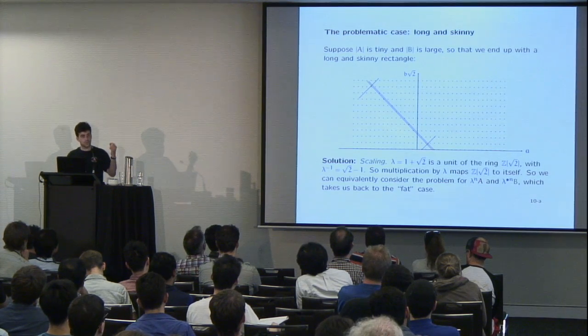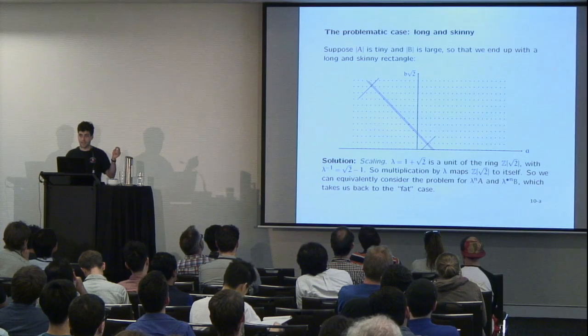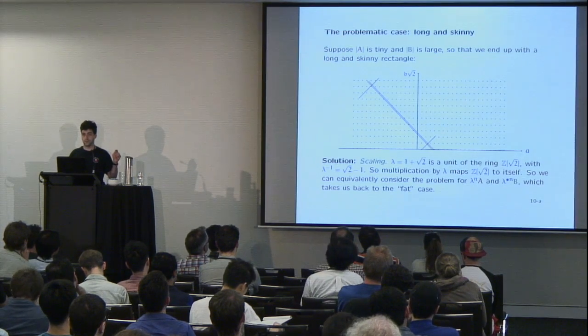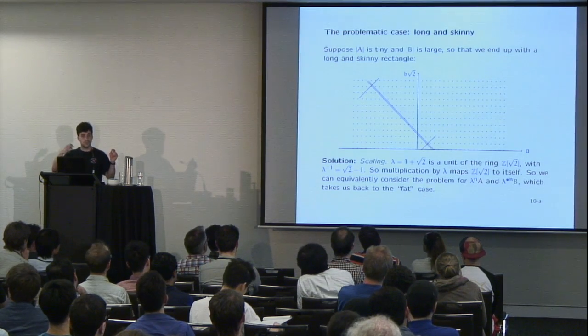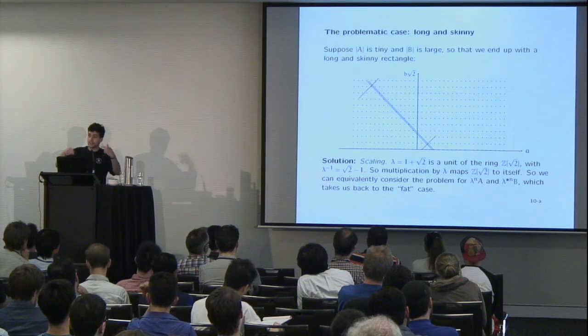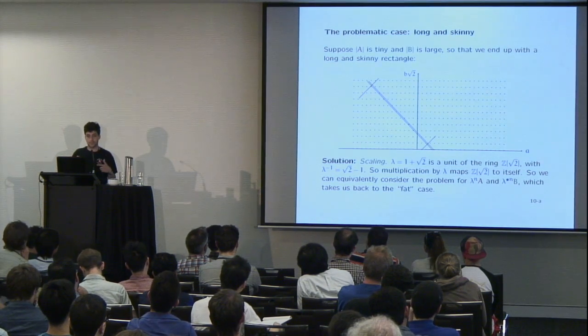What you do is you consider the element of Z[√2] that we call lambda. It's just 1 plus root 2. This turns out to be a unit of the ring, so that it has a multiplicative inverse.